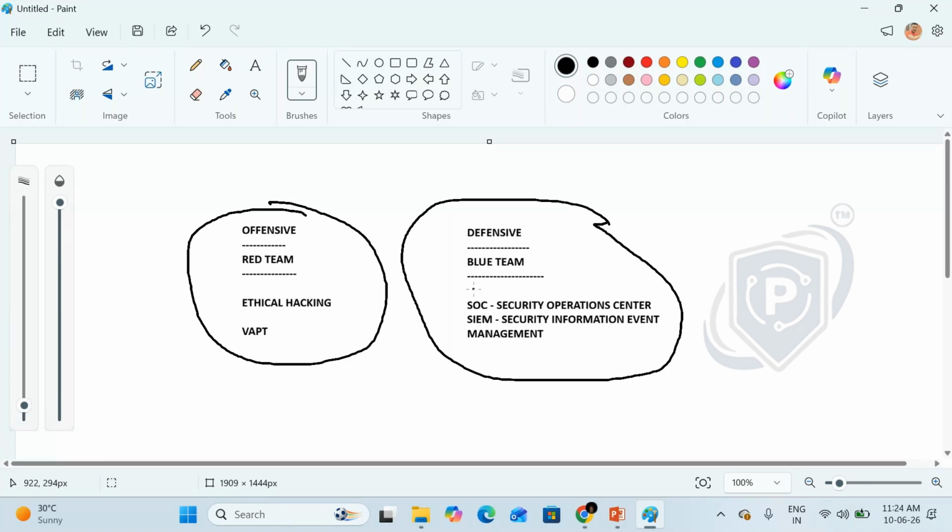Now come to the defensive. Some attack happened that traveled through different devices like firewall, IPS, IDS, next generation firewalls, DLP systems, load balancers, servers, web application firewalls, core switches or distributed switches, whatever it may be. All these devices are traversed to reach the destination.